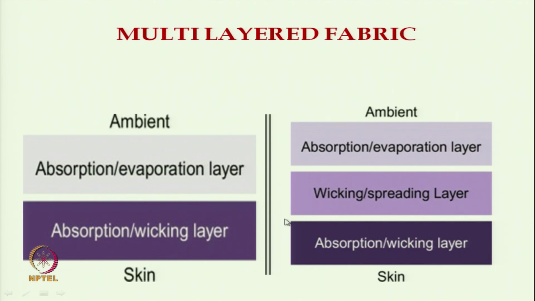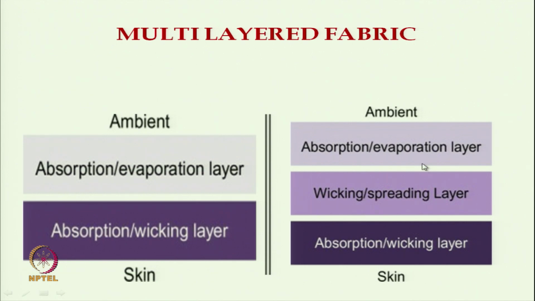In the first layer, absorption, wicking and spreading are also important, because the liquid water will get spread over the total area of the clothing, which will enhance the evaporation rate.